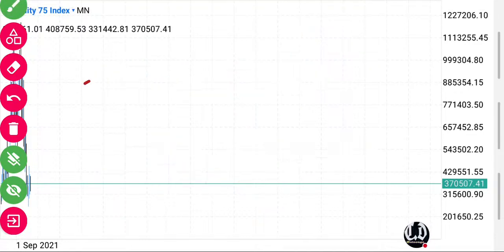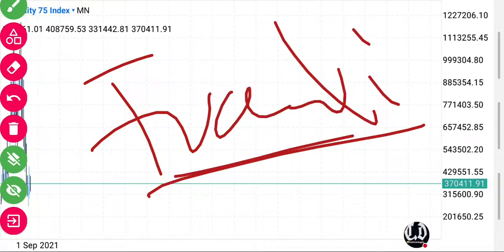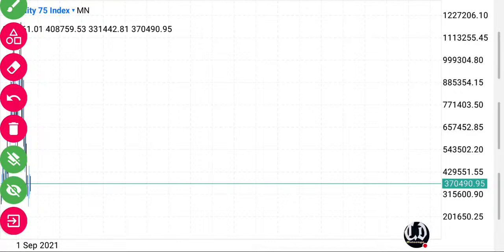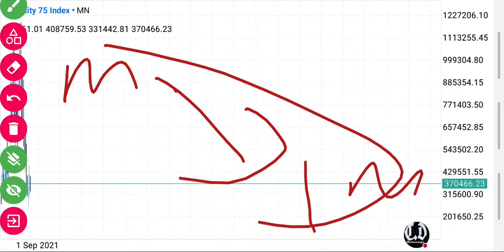As multi-time frame trading, it means we have to start from monthly and then we drop down to M1. That's what we call a top-down analysis, or multi-time frame trading.